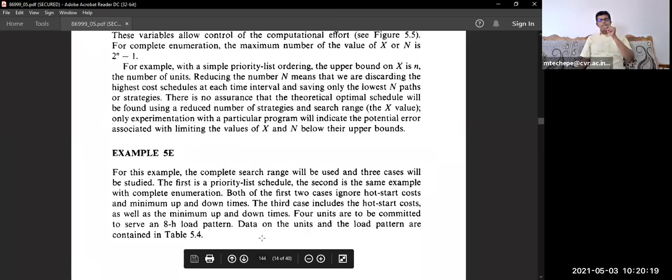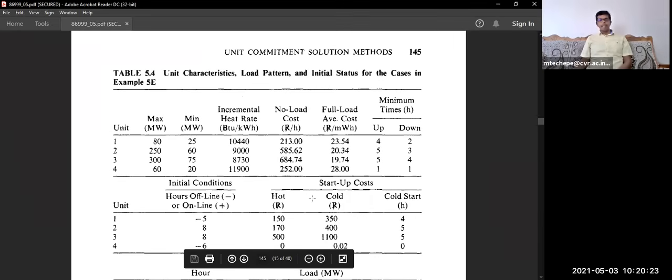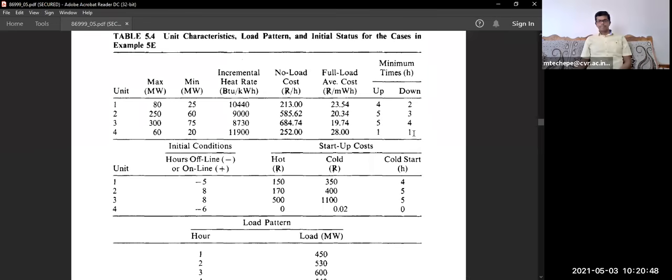Then only the cost will be reducing, and you can also save the amount, and the tariff will be reducing. If you take a small example, units are given, minimum and maximum operating limits are given, incremental heat rate is given, then no load cost is given. Next, full load average cost, FLAPC, is also given. Then minimum up time and down time are given.